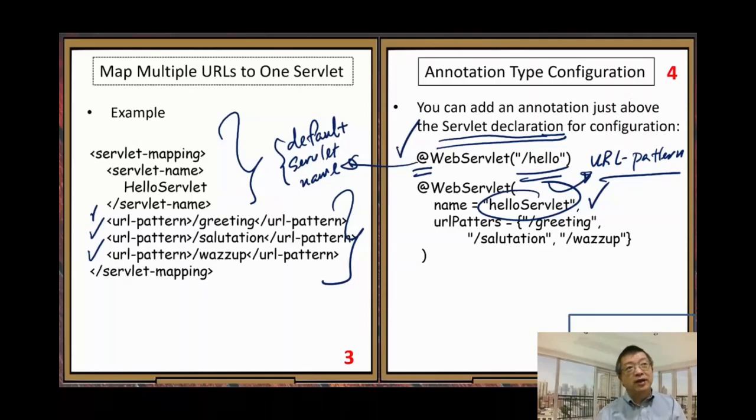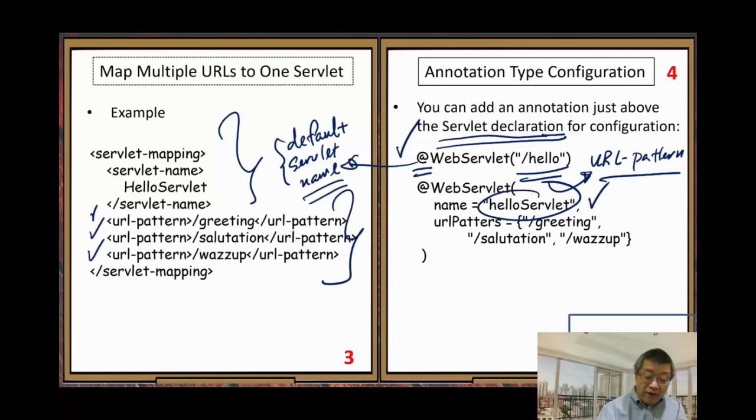If you do not explicitly provide your servlet name, the server just uses the default name. You can see the default name is good enough. Why would you want to change it to a non-default name? Most of the time, Java developers don't need to change the default name.